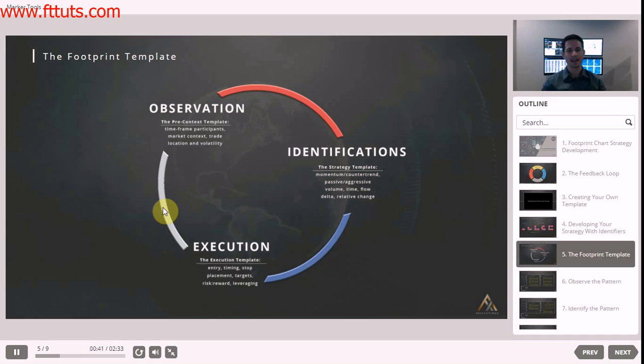Now, let's view each one of these sections on its own and have a look at some of the identifiers within each section. Under the observation, we have 2 sub-indexes. The first is pre-context and precondition. This is the state that you want to find the market in. It's the market conditioning, or the trade location, or the market context. This is the kind of thing you want to be thinking of in terms of observation.